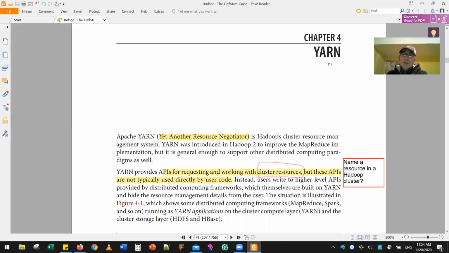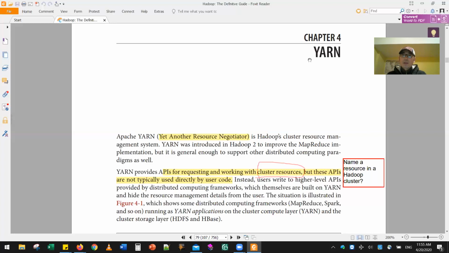Okay, let's get started. In this first video, we're gonna have a quick introduction to this component. What is YARN? In short, YARN is the resource management subsystem of Hadoop. We have learned MapReduce and HDFS.